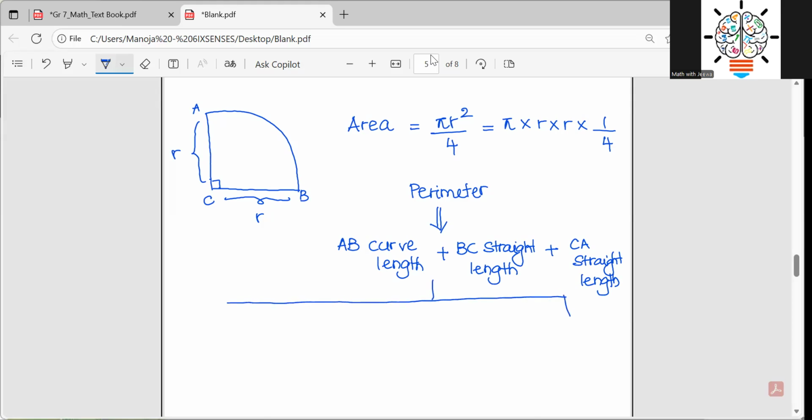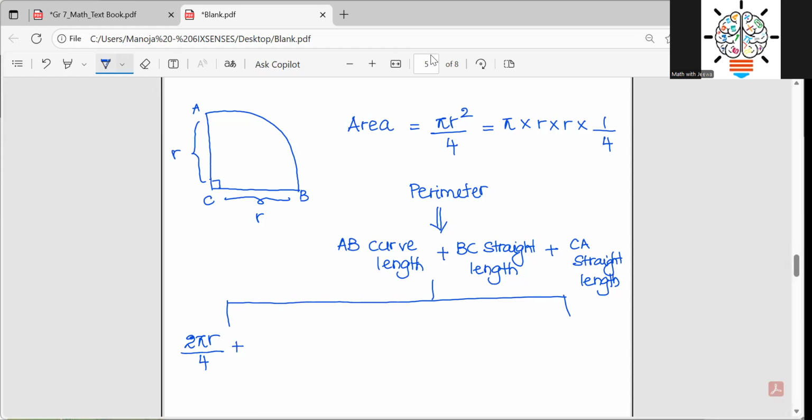Let's say I use the 2πr rule. 2πr, I divide by 4 this time. Why is that? Because around the full circle, it is 2πr. But now I don't have the full circle. I have a quarter of this. Therefore, I divide by 4.